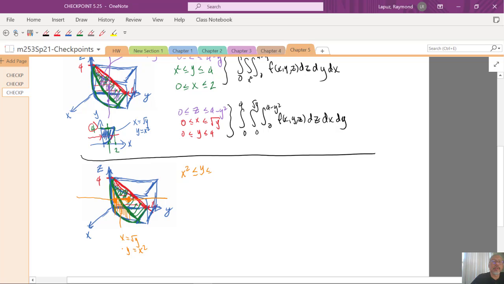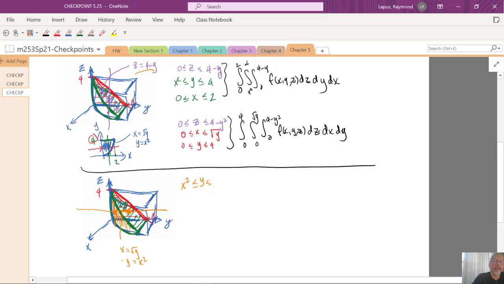I think we labeled it already here. It's z is equal to 4 minus y, or y is equal to 4 minus z. So that's going to be your top limit, 4 minus z.